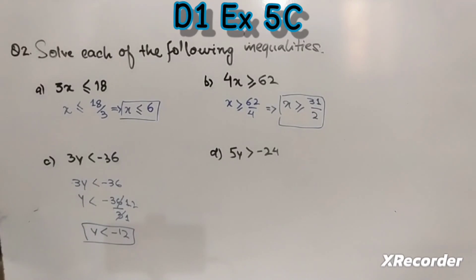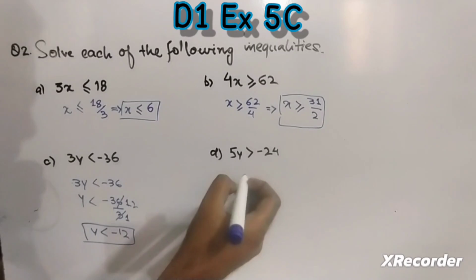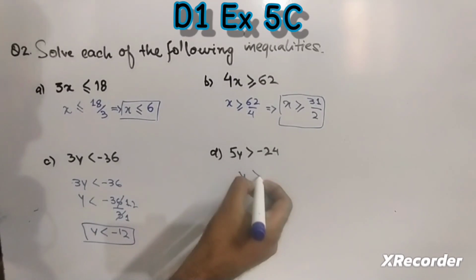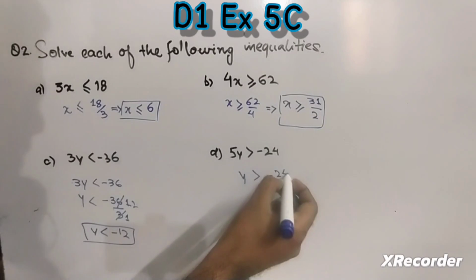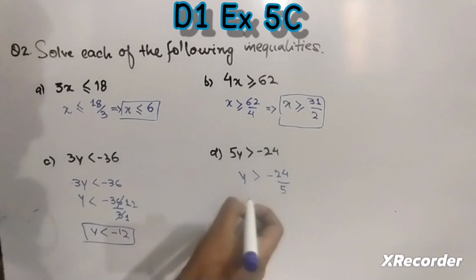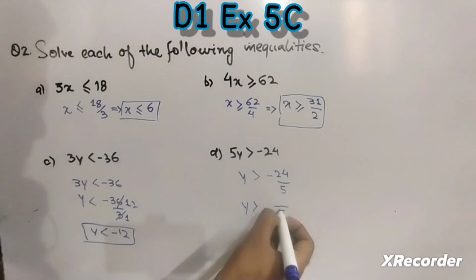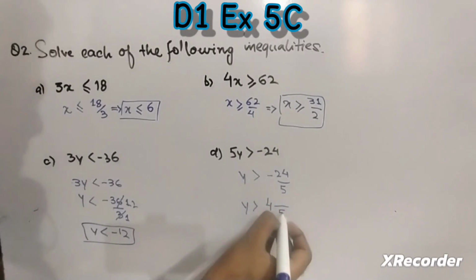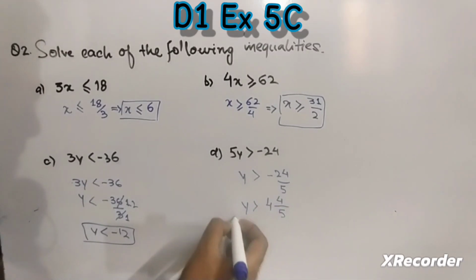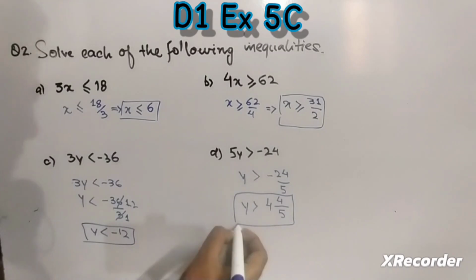Part D, 5 is greater than 20 minus 24. So we can write it as minus 24 over 5. That is our required answer.